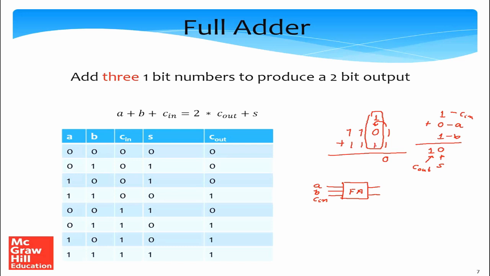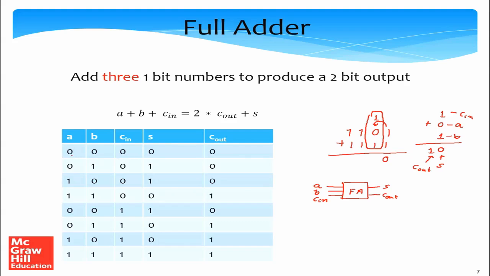If you're adding two multi-bit binary numbers, A will be, let's say, the ith bit of one number, B will be the ith bit of the second number, and carry in will be the carry that is coming in from the right, and the outputs will be the sum and the carry out. So the number will be equal to 2 times carry out plus S, a simple binary expansion, and this is what a truth table will look like.